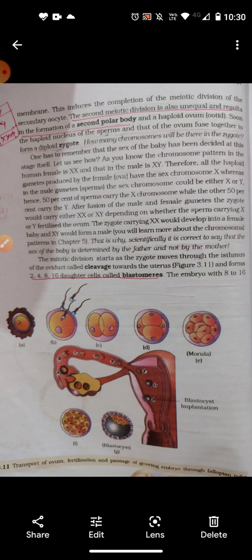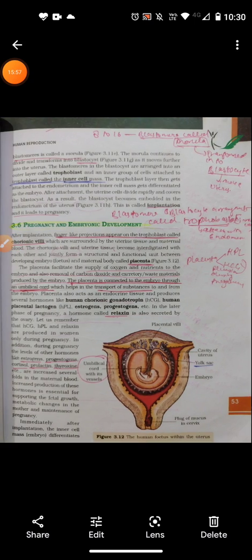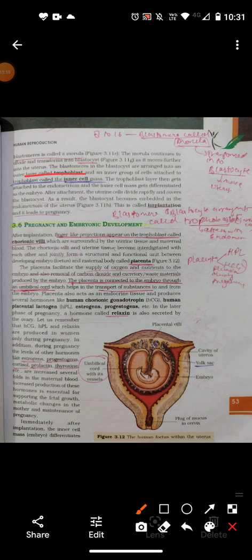The blastocyst increases in dimension as more fluid and more food material accumulates within. This results in the expansion of the outer layer of cells of the blastodermic vesicle that forms the outer wall of the blastocyst, which is known as the trophoblast.